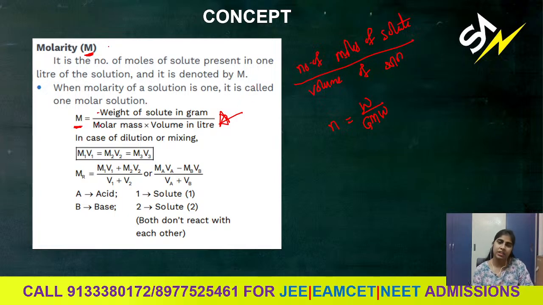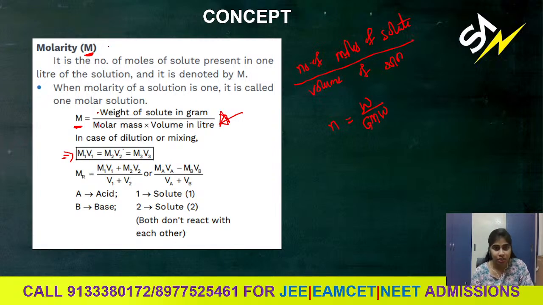Remember this, it is very useful in solving problematic questions. In case of dilution or mixing two or more solutions, if we need to calculate molarity or volume, then we equate in this way: M1V1, that is molarity and volume of one solution, is equal to the product of molarity and volume of the other solution.